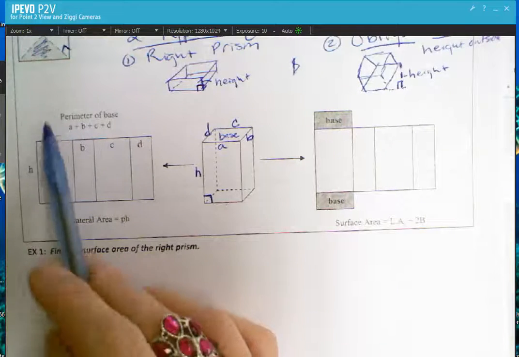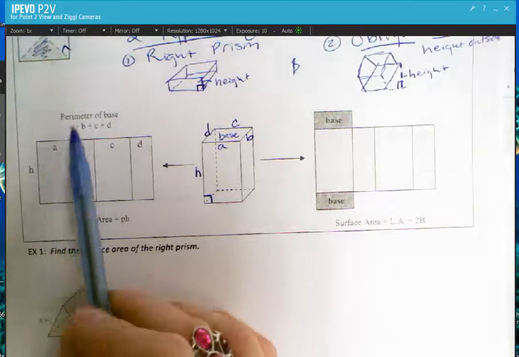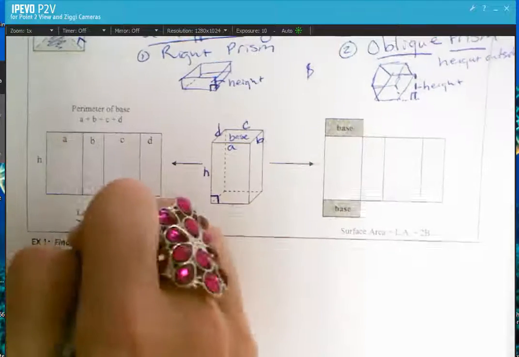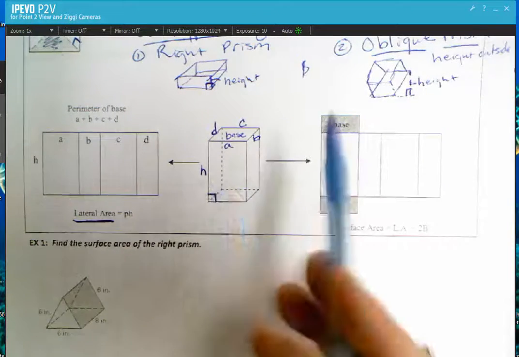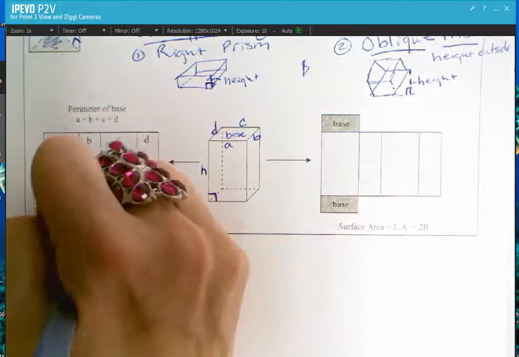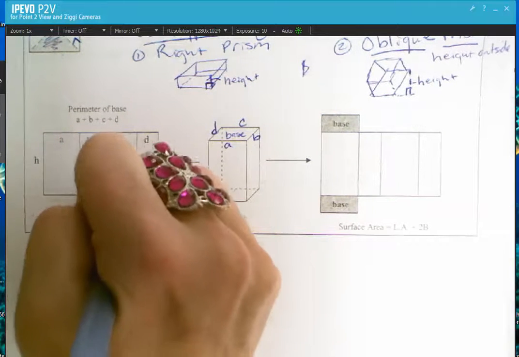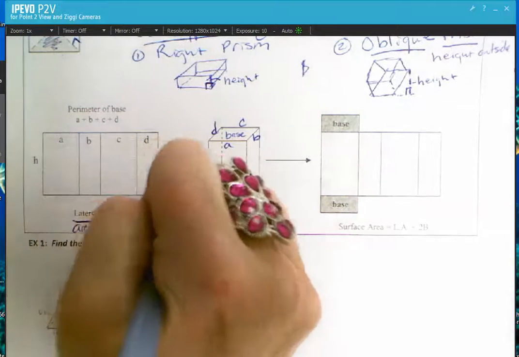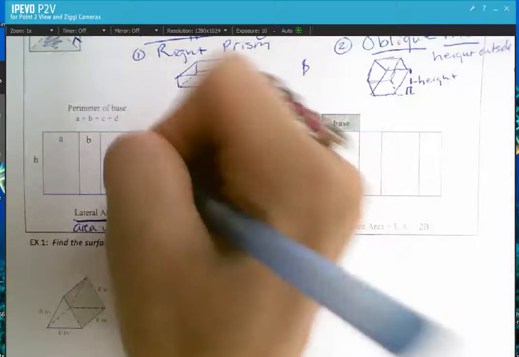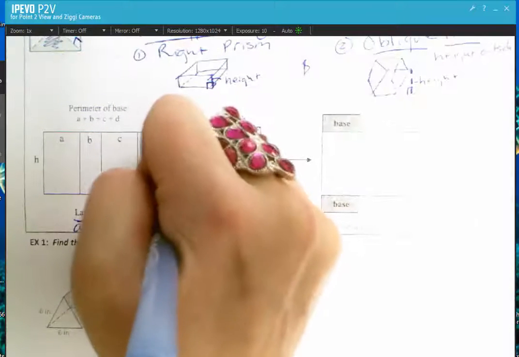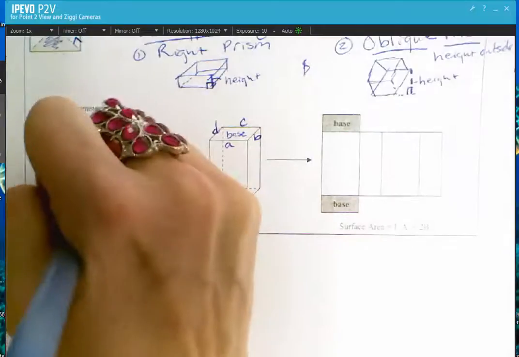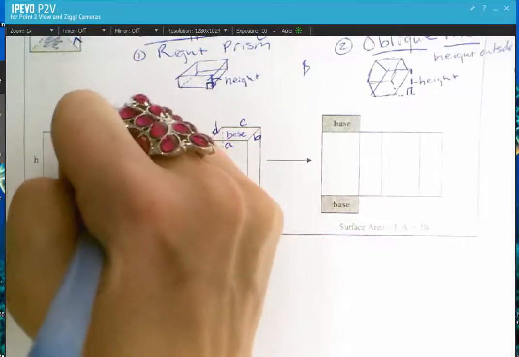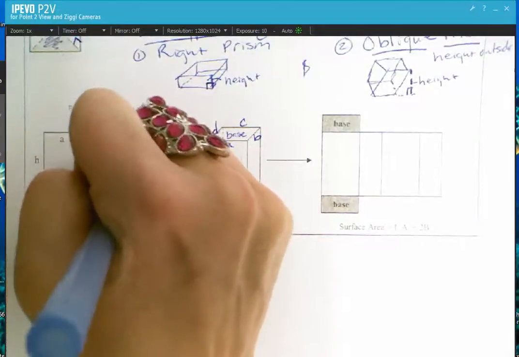So here's my H. When I'm looking for lateral area, so I want the area of just the sides without the base, so this is area without bases, I look for the H is height, and P is perimeter of the bases.